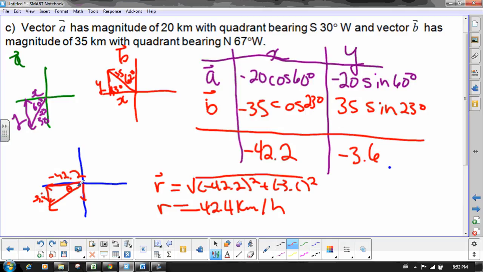Now when I want to find the angle, it's a right triangle, so I'm going to use tan. So tan of theta equals negative 3.6 over negative 42.2. So theta equals tan inverse of those values, of 0.0853.